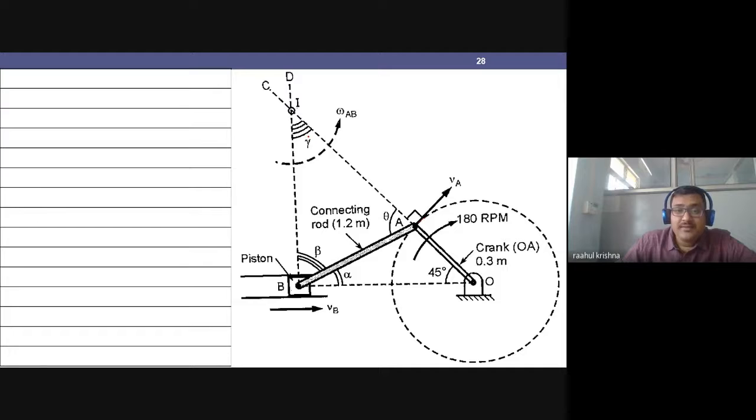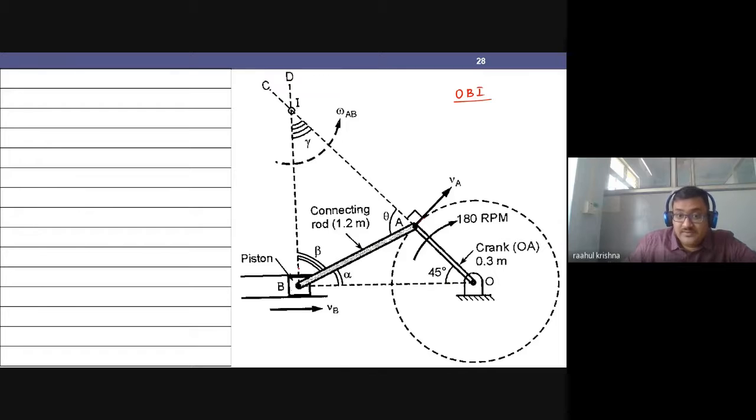Now consider the bigger triangle OBI. What are the angles in this big triangle? The first angle, gamma, is 45 degrees, that is given.